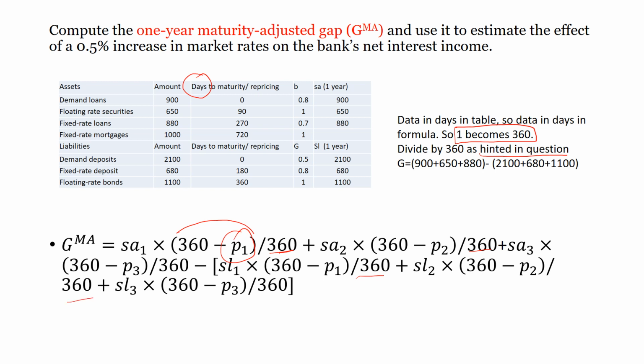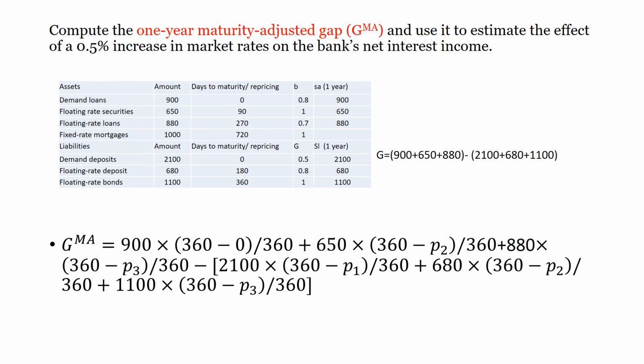Next, you have to replace the P's by their values. Now, let's recap. These are the relevant assets and liabilities, and the P's are given in this column here. So 1, 2, 3.